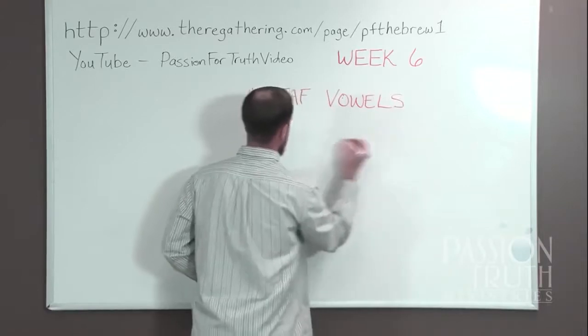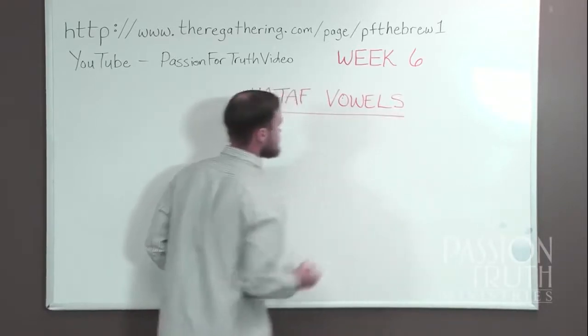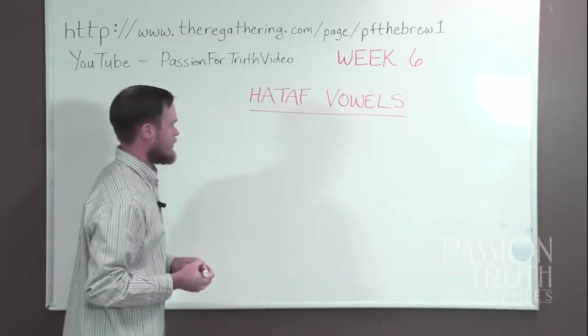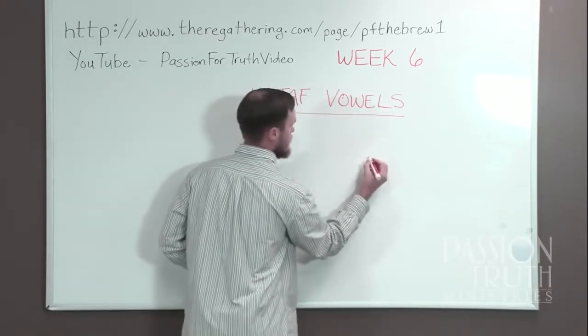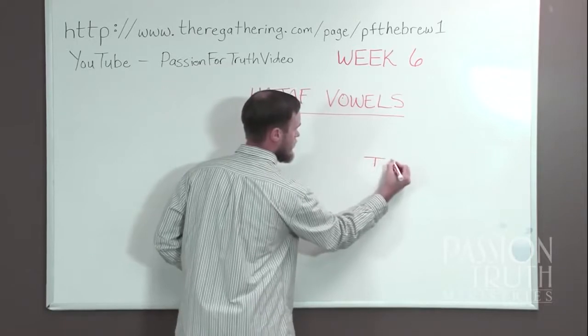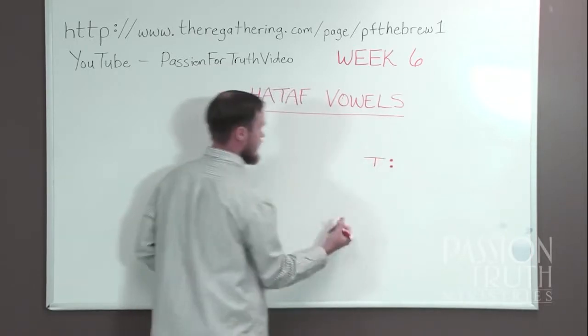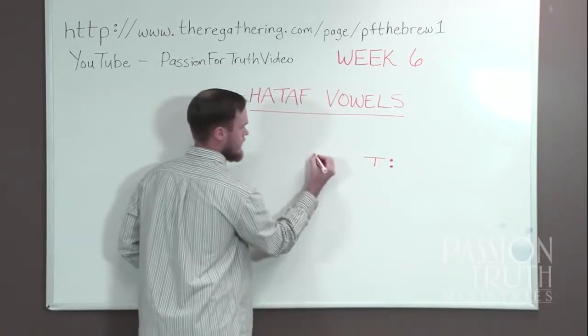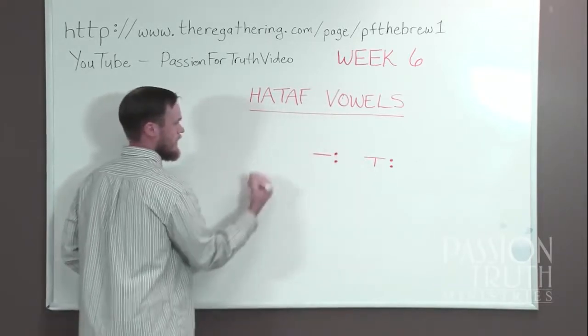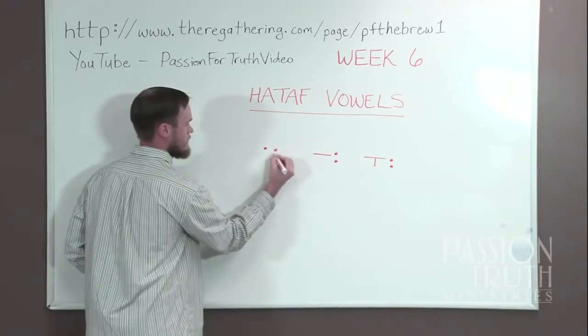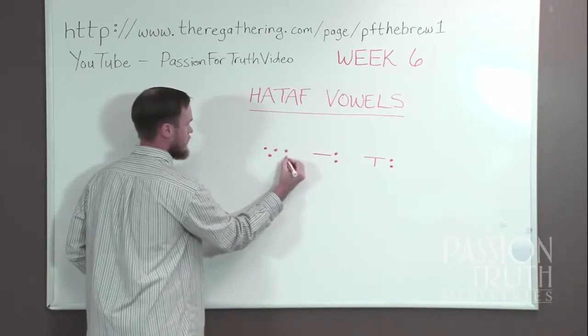Okay, as I mentioned, there are exactly 3 chataf vowels, and they look an awful lot like 3 other vowels. Okay, so this is a chataf kametz. This is a chataf patach. And this is a chataf segol.